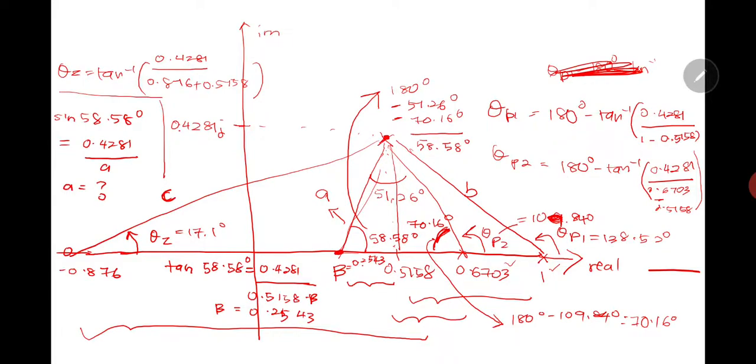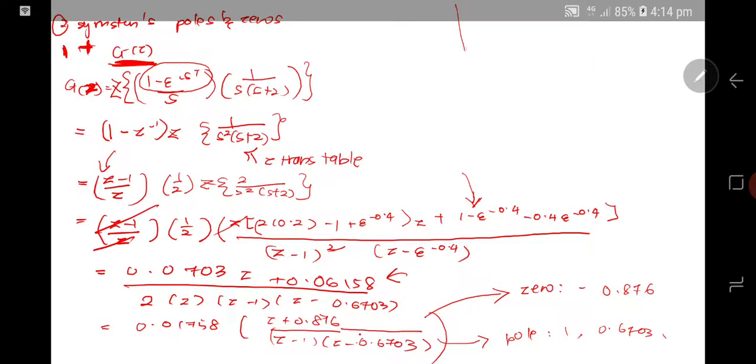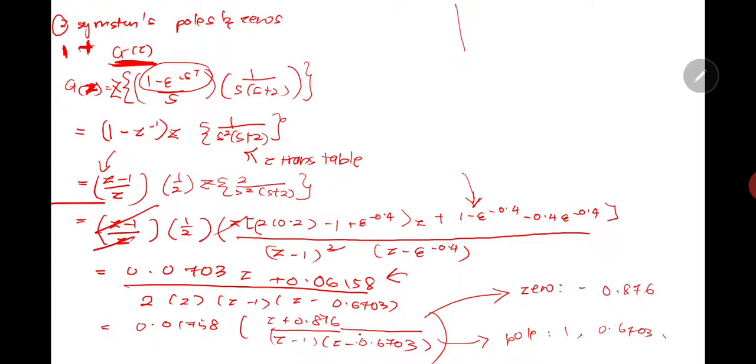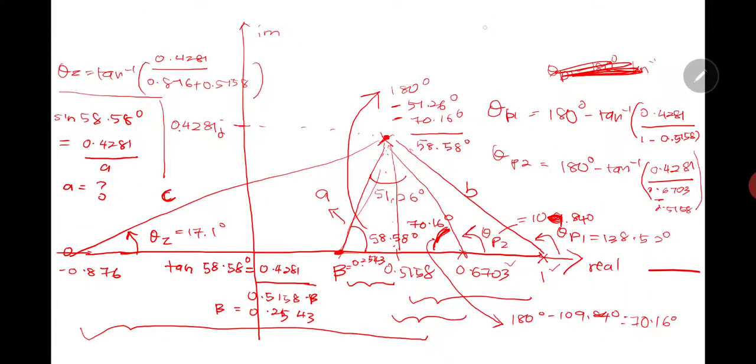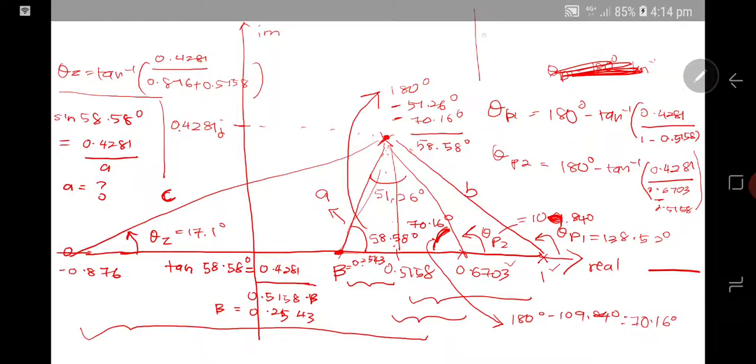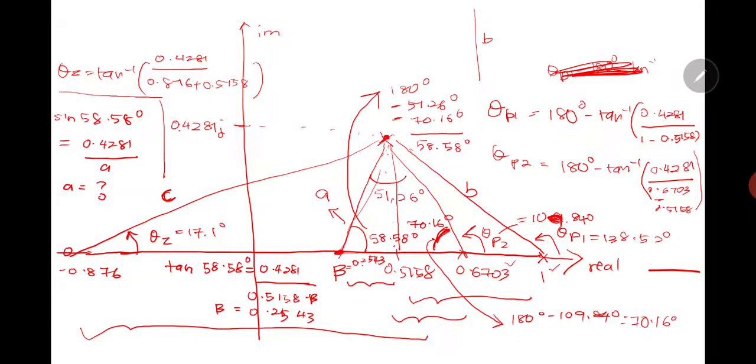And then for B, similarly, you can get B by using sine of this acute angle, 180 degrees minus 138.